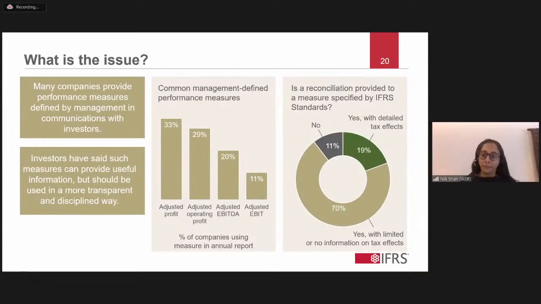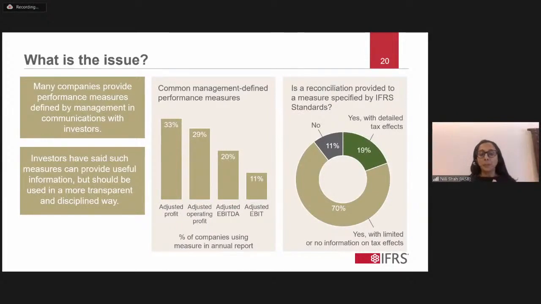The problem, though, is what the board is trying to solve is this lack of transparency, that there are problems with the disclosures not being very clear. There are problems that it's difficult to find the disclosures on these non-GAAP measures. And then we've seen issues where the calculation of those measures can change from one period to the next, which creates even more difficulty for investors.